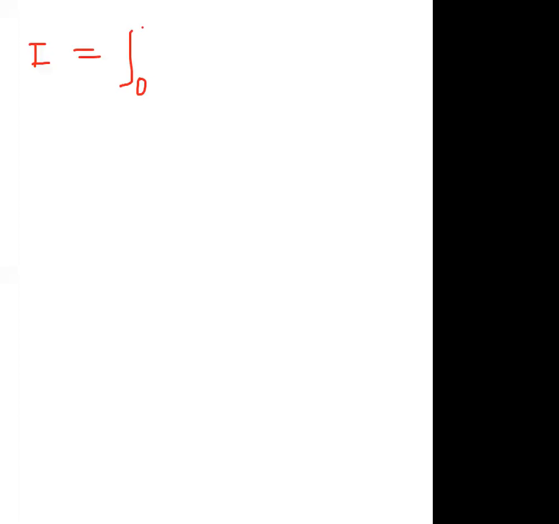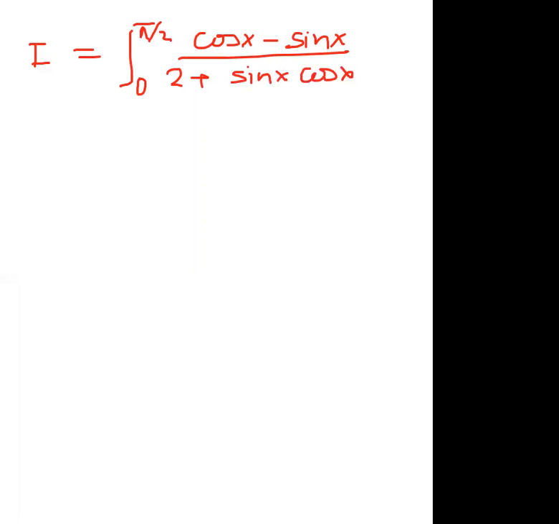Integral 0 to pi by 2, (cos x minus sin x) upon (2 plus sin x cos x) dx.